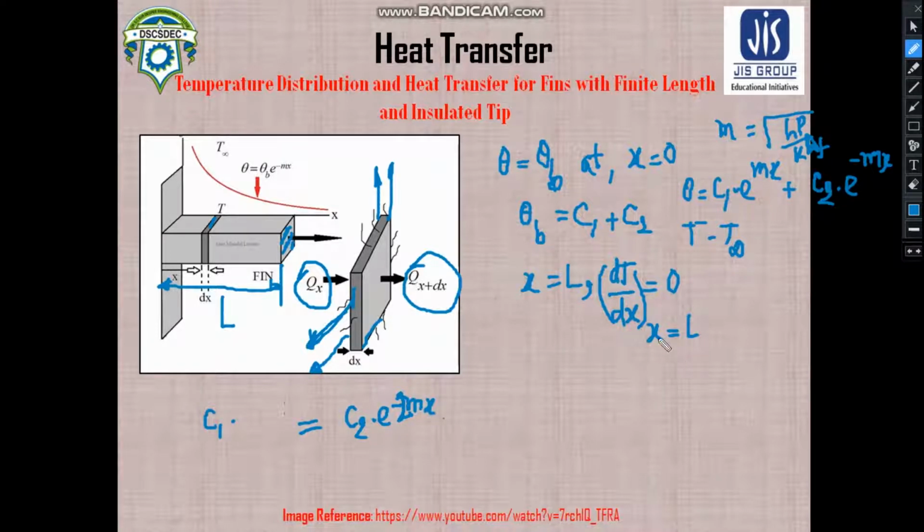Now remember, we had differentiated this equation at x equal to L, so we can put this L here, or you can also put x equal to L in the previous steps. So this would become e to the power minus 2mL. So C1 is equal to C2 into e to the power minus 2mL, and C1 plus C2 is equal to theta b.